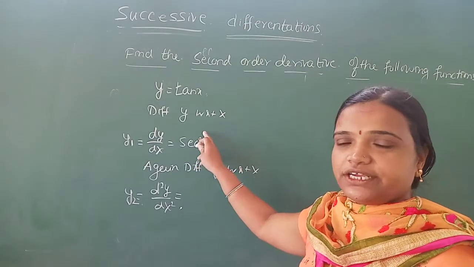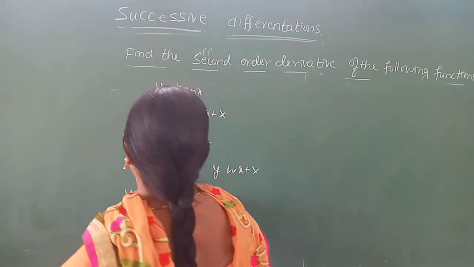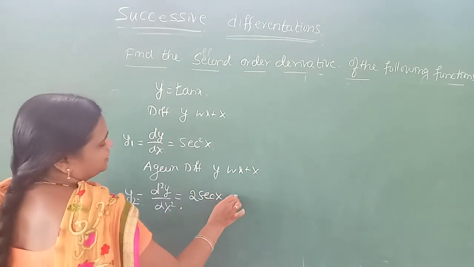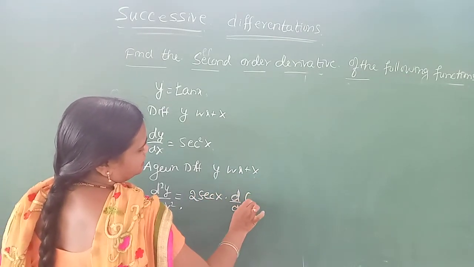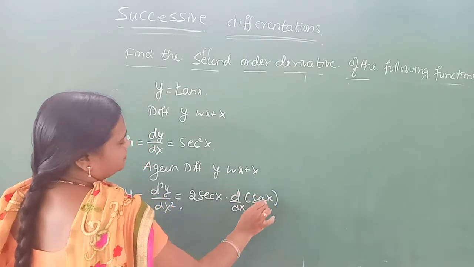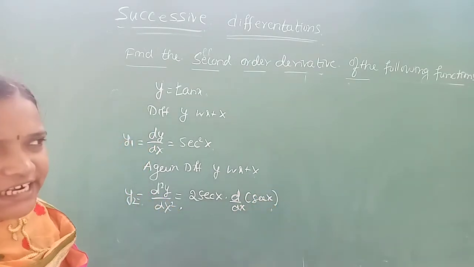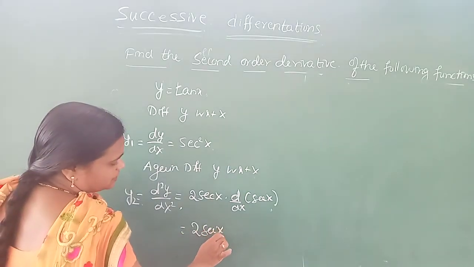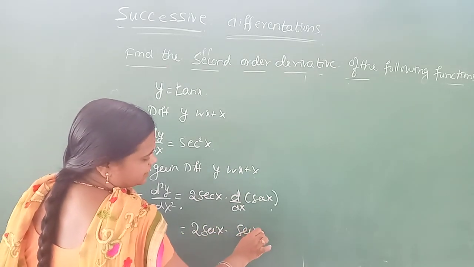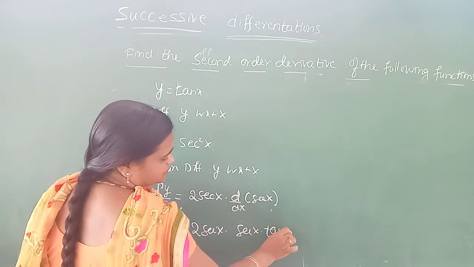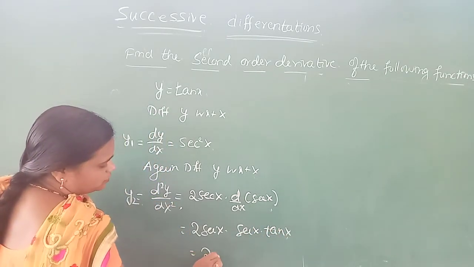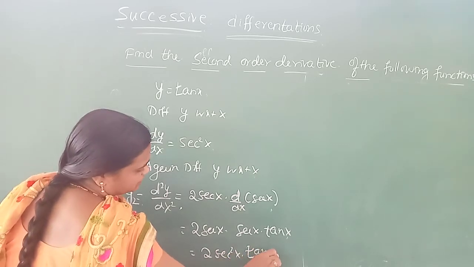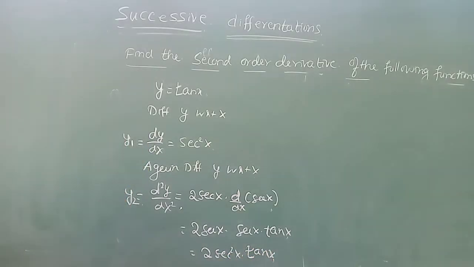Therefore, we can write 2 sec x into d by dx of sec x. Or else you can write it directly, no problem. 2 sec x, and sec x differentiation is sec x tan x. That means we can write 2 sec square x into tan x. This is how we can calculate.